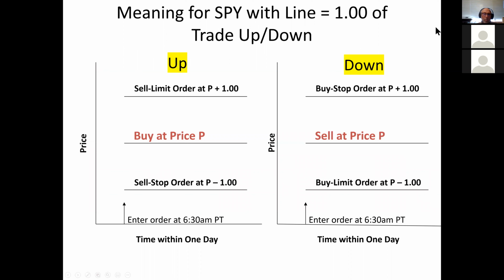But let me just summarize what our strategy is to make it absolutely clear. If the prediction given by the analyst judge was up, we would buy in at 6:30. We would then put in a sell order and make money at a price 1 point higher.